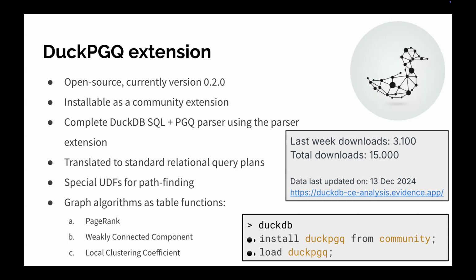And just last week, I reached a new peak of 3,100 times in a week, which makes it the second most popular community extension at the moment. And it's a lot more than I expected, to be honest. I thought it was more of a research project that some people used, but apparently it's getting used quite a bit. And I haven't received 3,100 bug reports, so I'm good on that part as well.